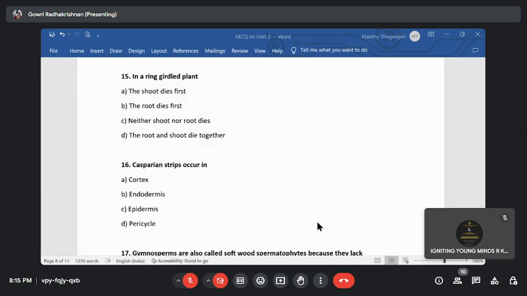But the root, even if it takes the nutrient, where will it transport? The phloem is not there, isn't it? Water or nutrient, how is it going to transport? It can't transport. And it does not store anything also. So first the root will die. You are able to understand? Yes, ma'am.